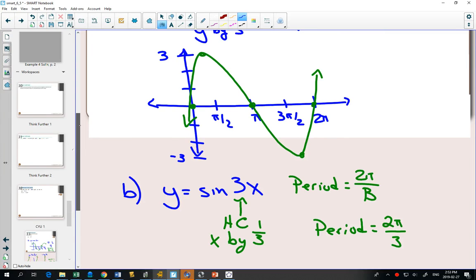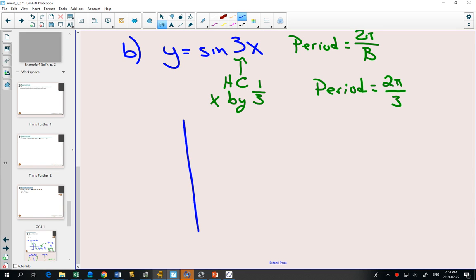So now when we go to graph this one, as I said in the previous example, we always start by graphing our period. If our period is 2 pi over 3, I'm going to make some mark somewhere and say this distance is 2 pi over 3. I can now divide this into 4 equal sections.